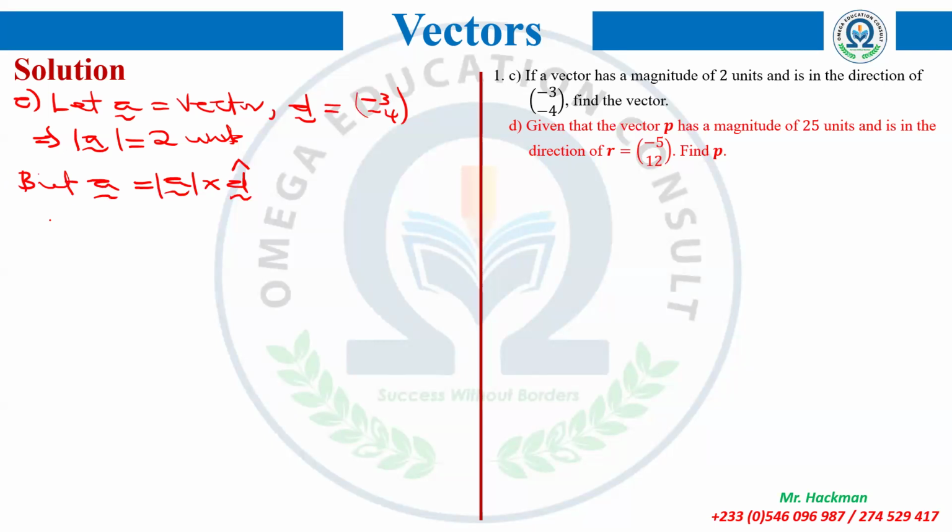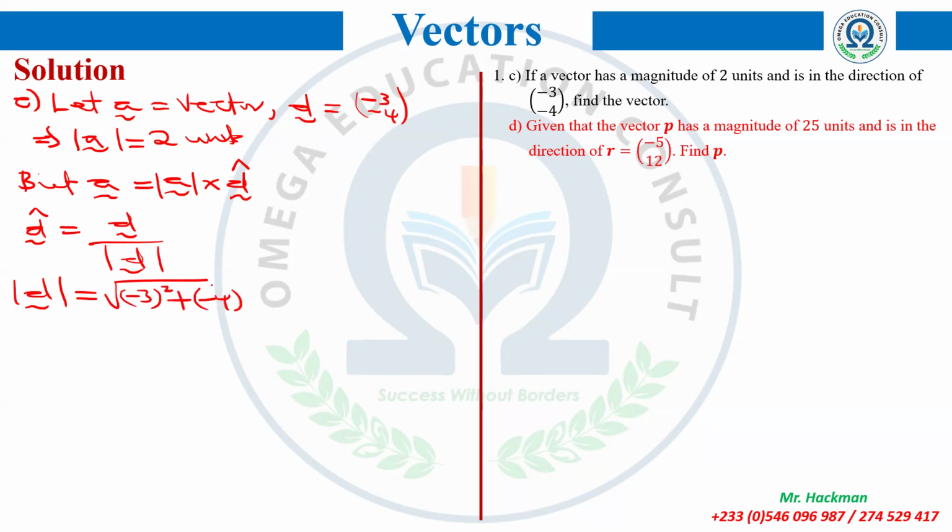So in this case, I am going to write D cap, which we know will be equal to D itself over the magnitude of D. So we will have to find the magnitude of D. The magnitude of the vector D will be equal to root of (-3) squared plus (-4) squared.